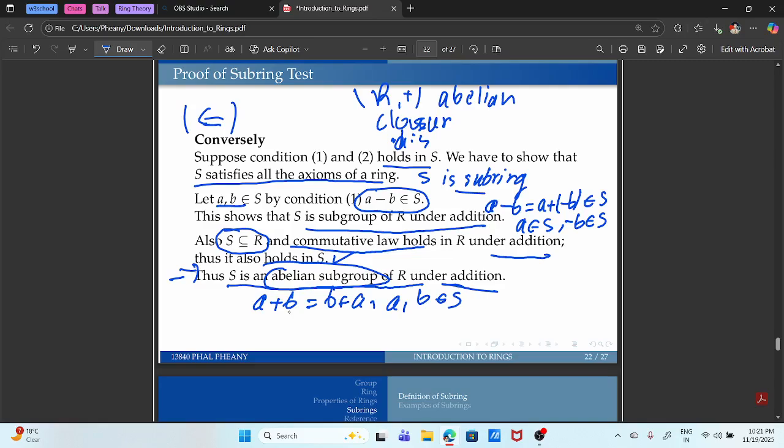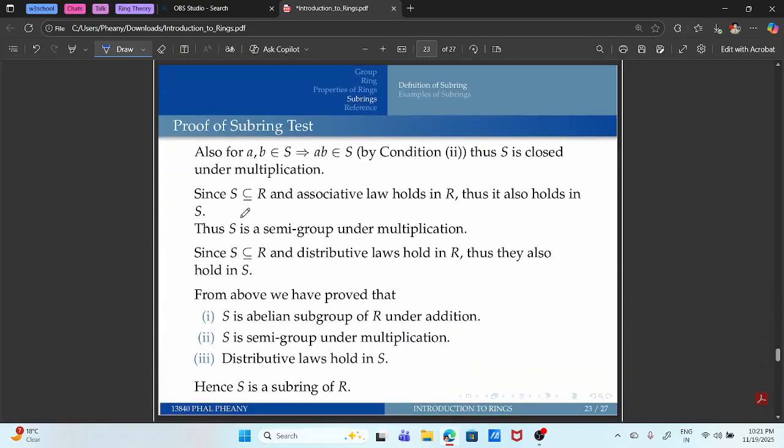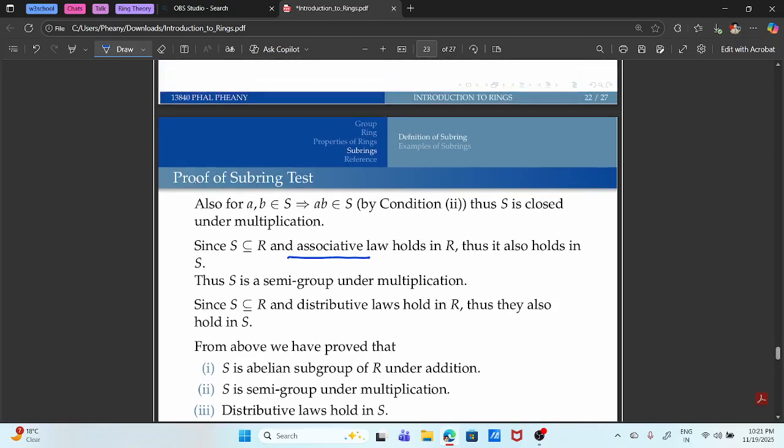So now we have done the second part. It is an abelian subgroup. Now we move to the proof involving the associative law. So there are four properties of the ring. First one is closure.